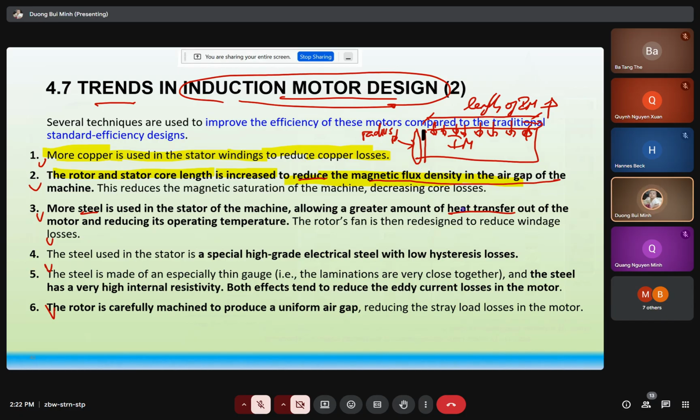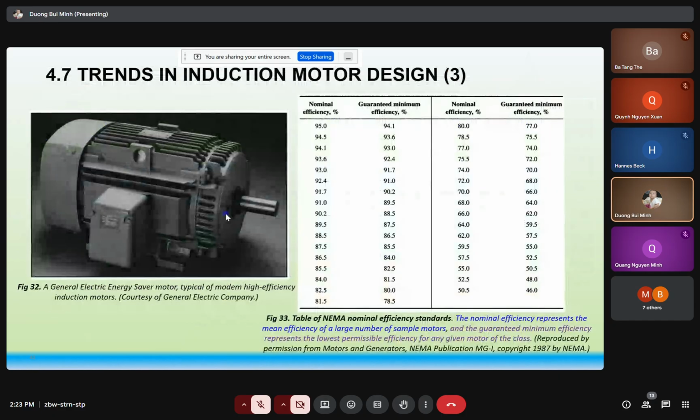More heat transfer, so we can reduce the operation temperatures of induction motors. What else? So when you read this slide, you can understand what the next generation of induction motor design is.